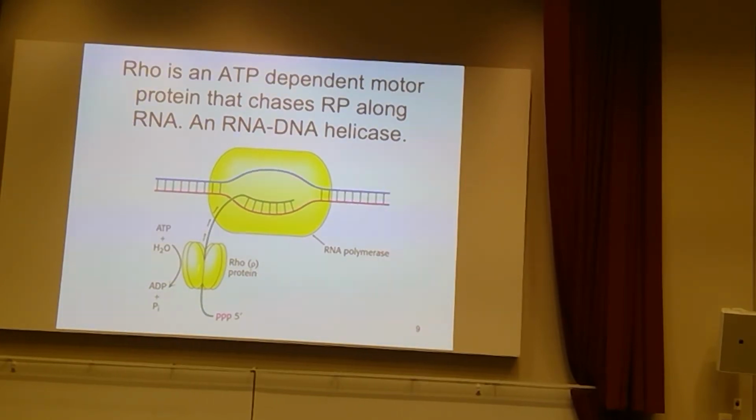And then a little bit more detail about this rho protein, which is a motor protein. It's a helicase, and it runs along. It sits on the RNA product, and it sort of plays this game with the polymerase as far as whether or not it can catch up and engage with the polymerase and disassociate it.